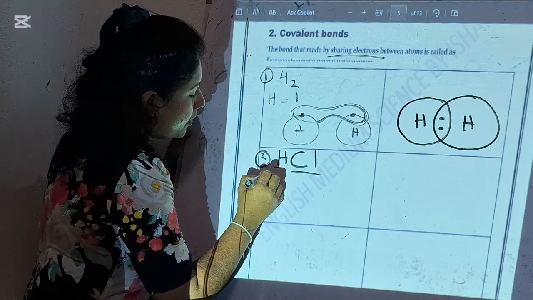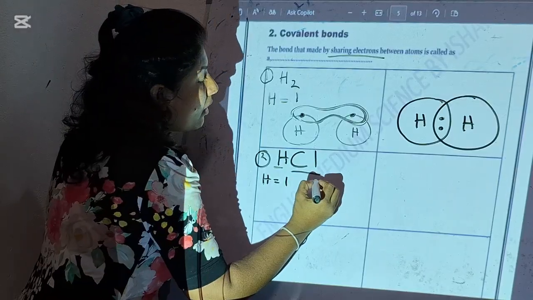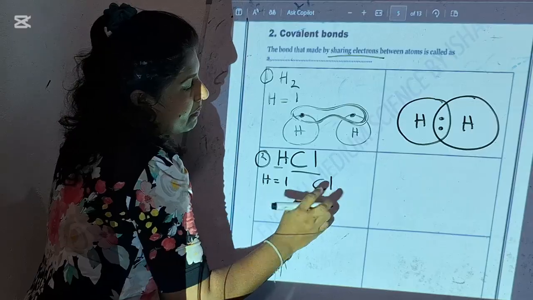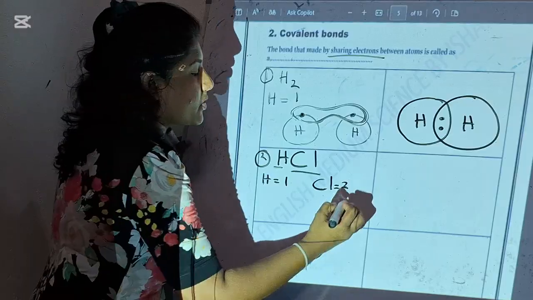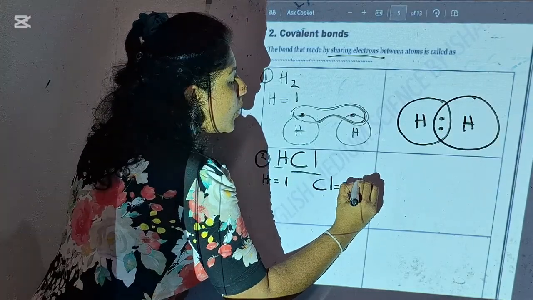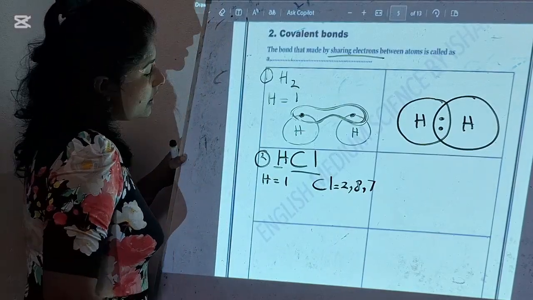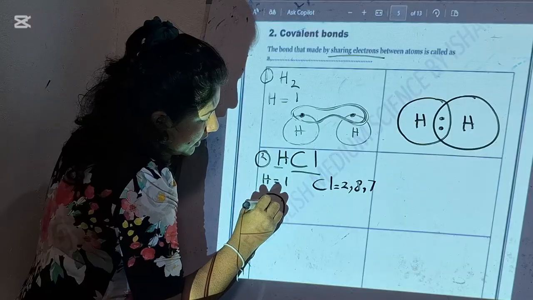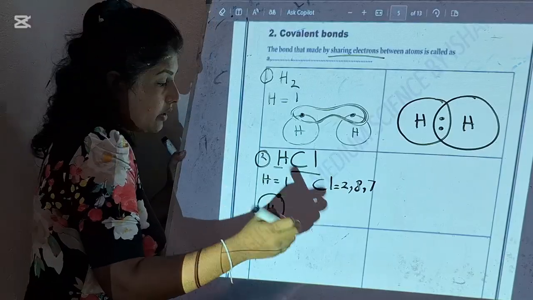In hydrogen, only one electron it has. Chlorine contains 17 electrons. So the electronic configuration is 2, 8, 7. Hydrogen has only one electron.